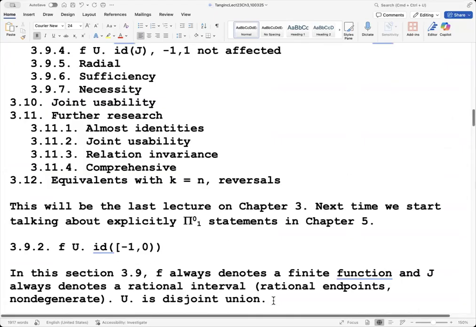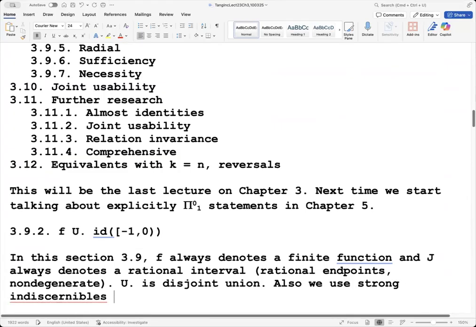Also, we use strong indiscernibles. I equals lambda 1, lambda 2. Just omega them. We just of type omega.